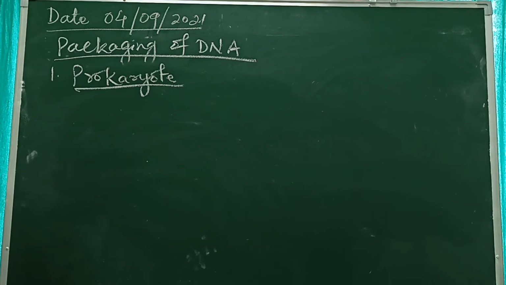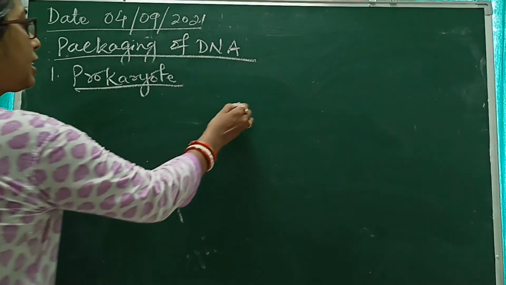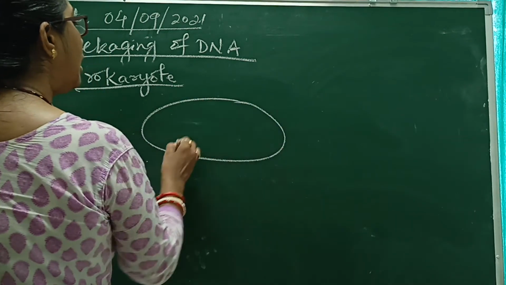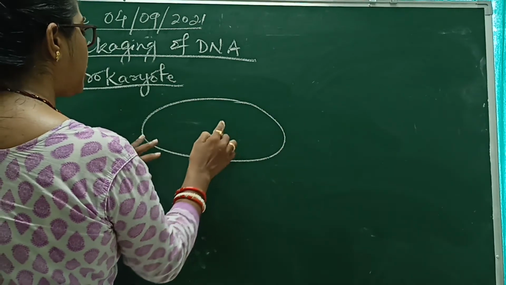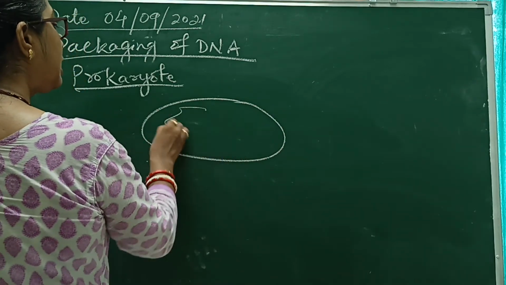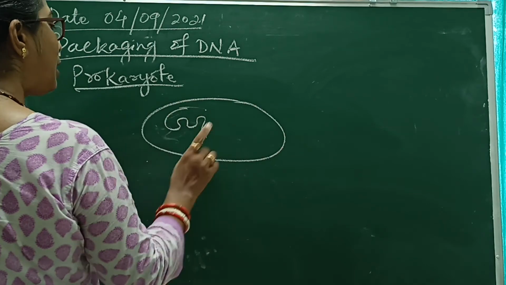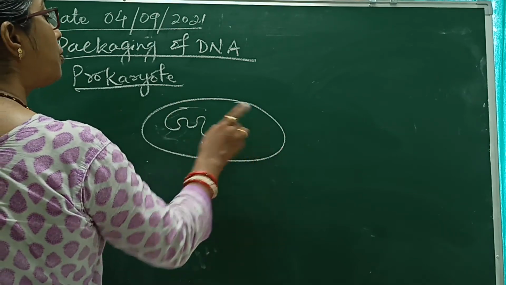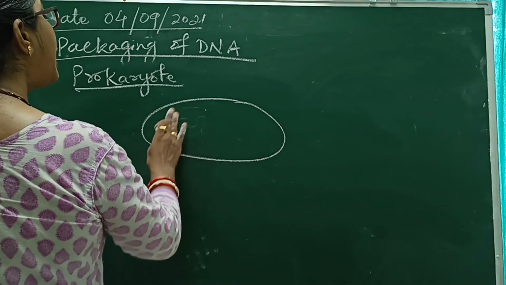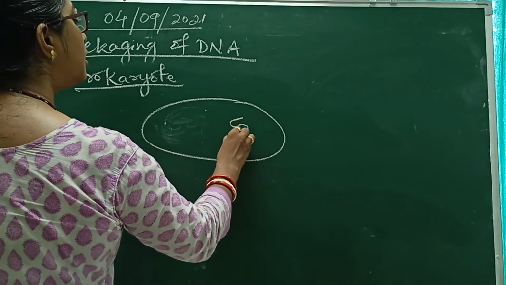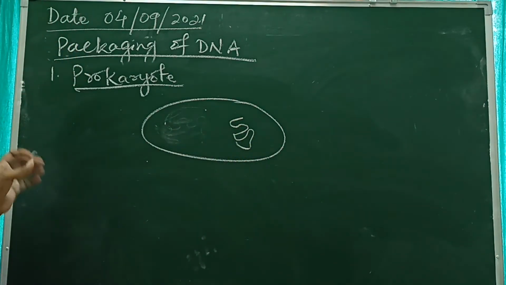They do not have a nucleus, but it doesn't mean that the DNA is moving here and there. A single looped DNA is present, but it is confined to a particular region, and that region is known as nucleoid.